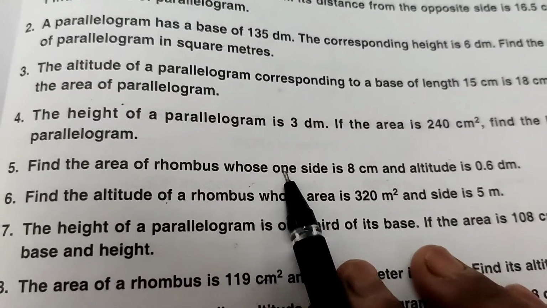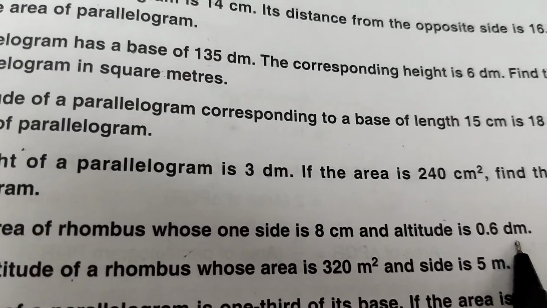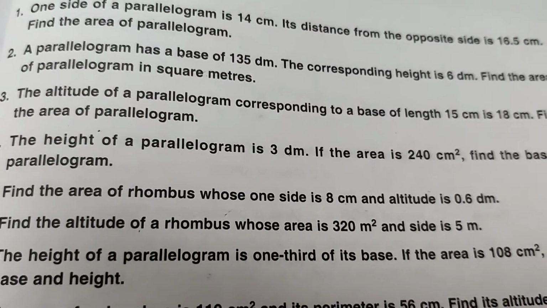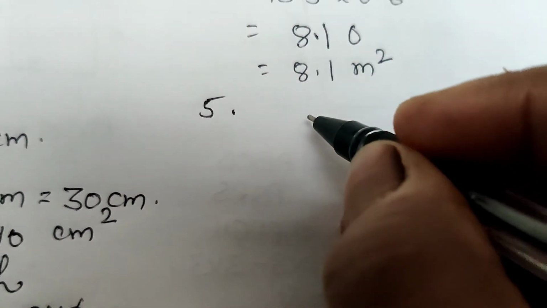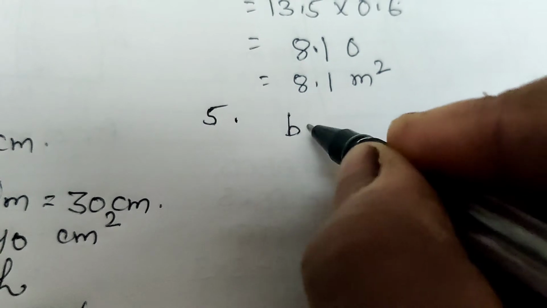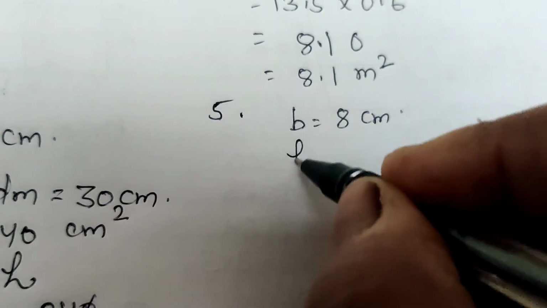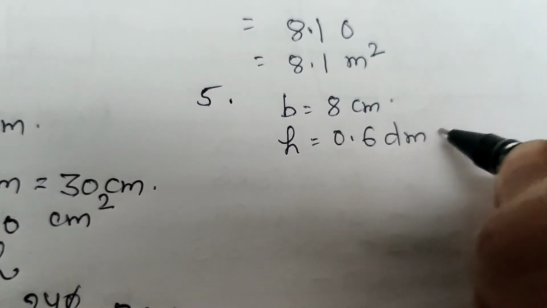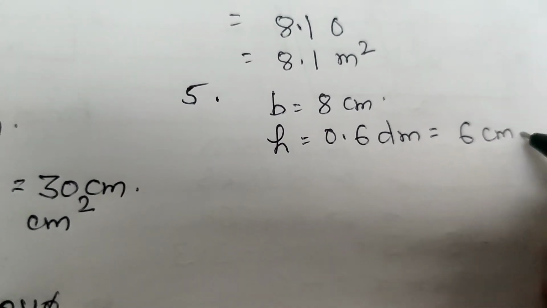Find the area of rhombus whose one side is 8 centimeter and altitude is 0.6 dm. This is the question number 5. The side of rhombus is 8 cm. 8 cm means base equal to 8 centimeter and altitude means height 0.6 dm. 1 dm equal to 10 centimeter, it means 6 centimeter.